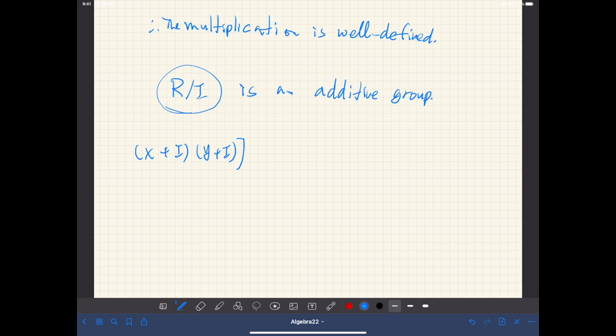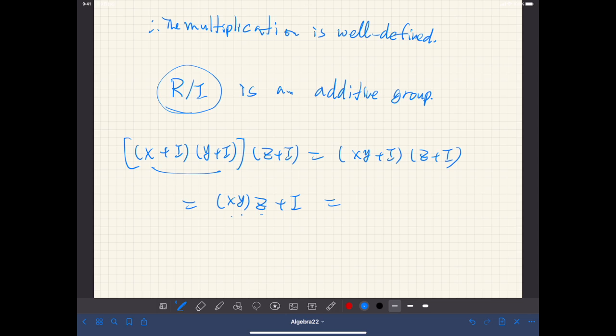x plus I, y plus I. If we multiply these first, then z plus I. So first do this, then that will be xy plus I, and z plus I, and that is xyz plus I. But this multiplication is associative because R is a ring.